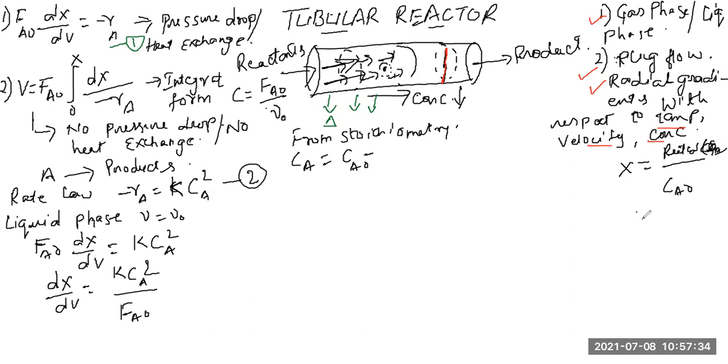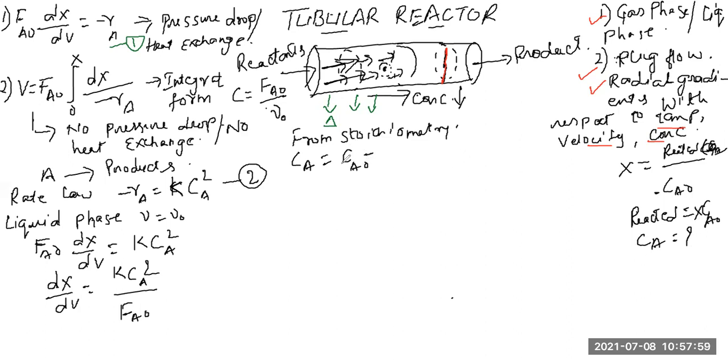So how much have reacted would be X Ca0, right? So what is remaining? If this much have reacted, initially you have taken Ca0, so how much is remaining would be Ca. What would be Ca?